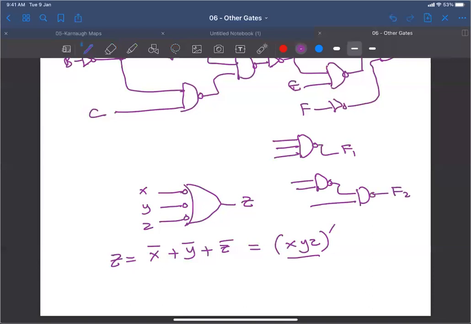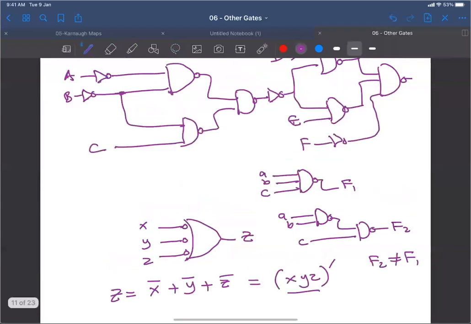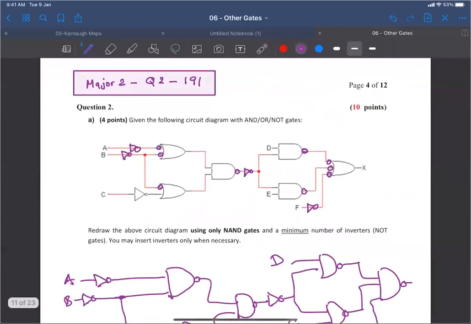Then F2 does not equal F1, even if they have the same inputs A, B, C, because of the associativity. And you can show this easily, either using a truth table or whatever. This is all about the NAND gate.